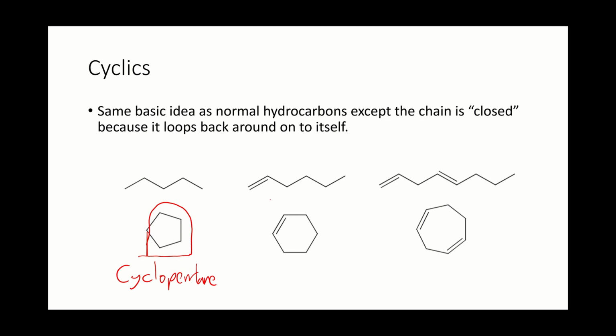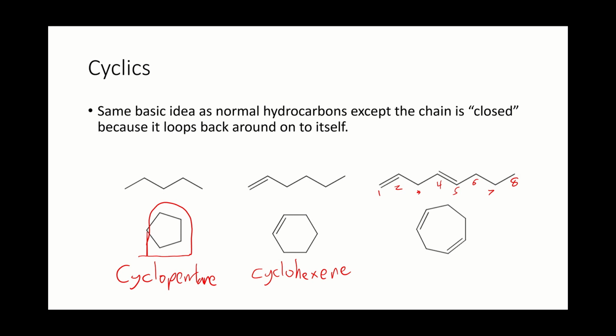Up here we have hexane, and so below where we have a cyclic version of it, that is cyclohexene, not cyclohexane. And up here we have a 1, 2, 3, 4, 5, 6, 7, 8.